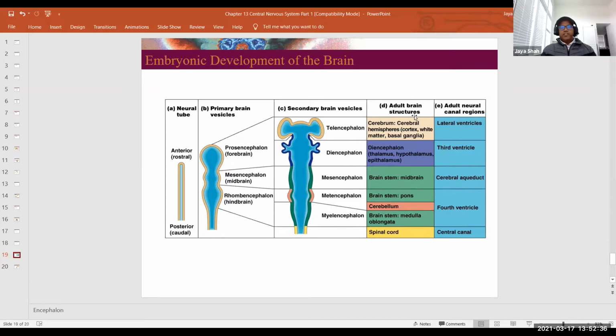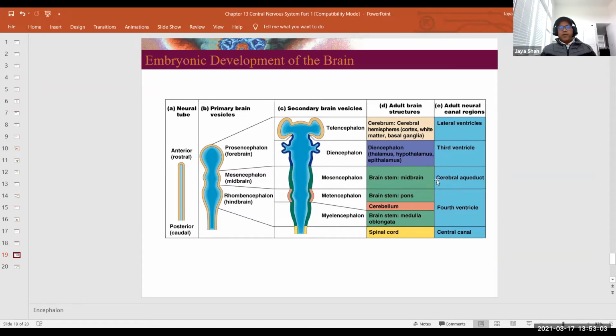Now adult brain structure. This telencephalon, you see the gray color, forms all cerebral structures, cerebrum, the highest part of the brain. Cerebral hemisphere, cortex, white matter, basal ganglia. And then the middle part here forms the diencephalon. Diencephalon gives you hypothalamus, epithalamus, and thalamus.